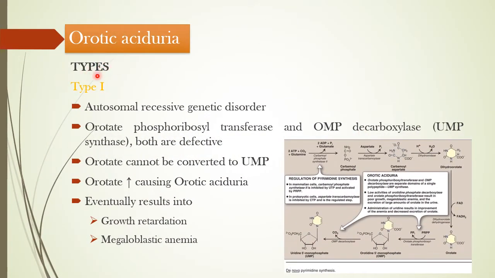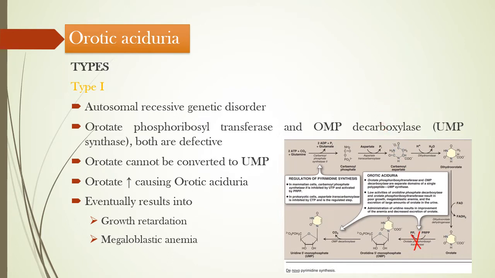Types of orotic aciduria. Type 1 orotic aciduria is an autosomal recessive genetic disease. This is characterized by the deficiency of UMP synthase enzyme, and in this disorder, both domains of UMP synthase are defective, for example, orotate phosphoribosyl transferase and OMP decarboxylase.